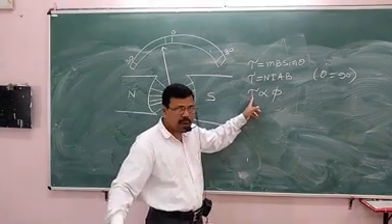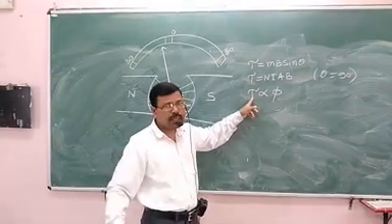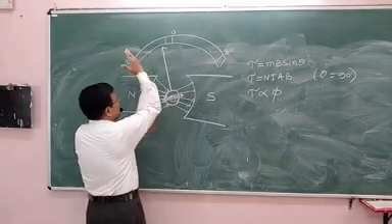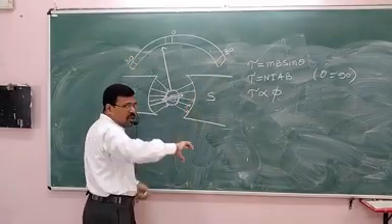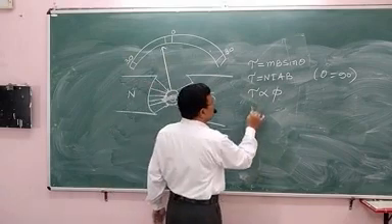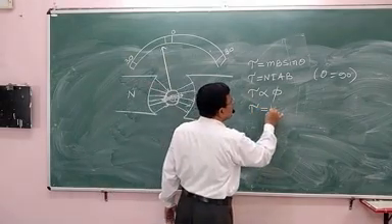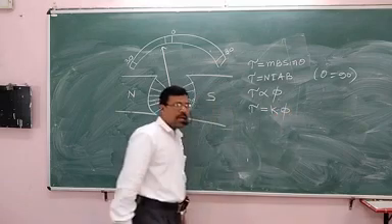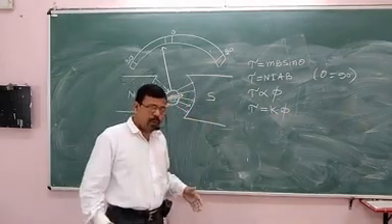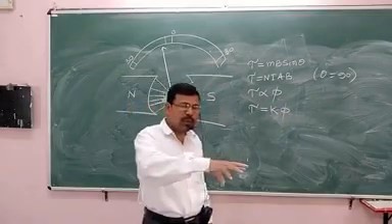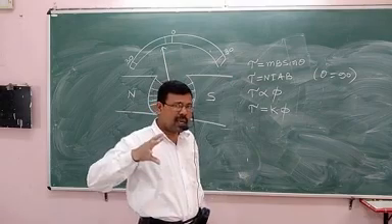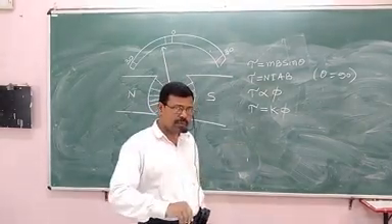So the anti-torque developed in the spring is directly proportional to angular deflection. The more the angular deflection, the more anti-torque develops in the spring. In other words, torque is equal to some constant into the angular deflection. Just like whenever we enter a VIP chamber, we come across a push and pull door.